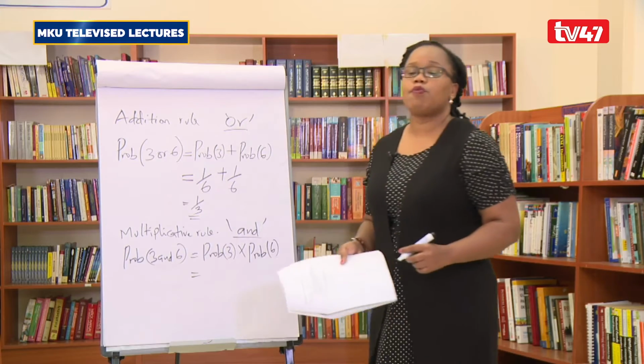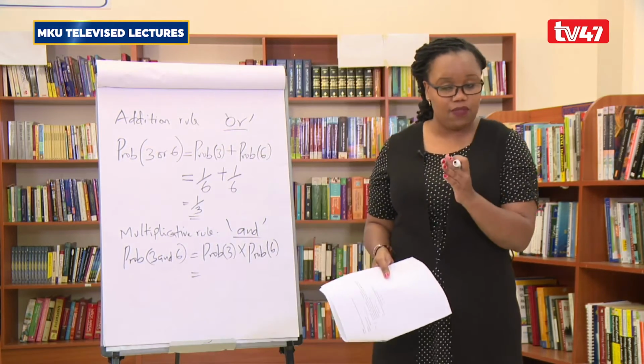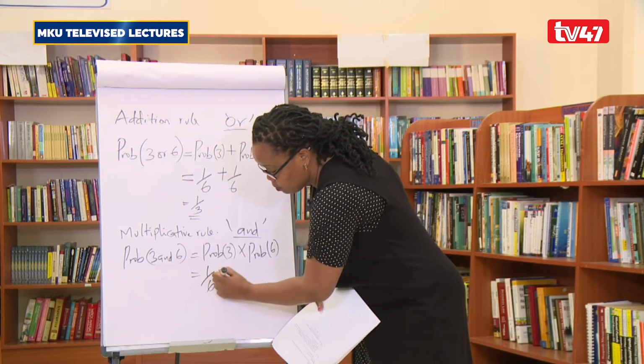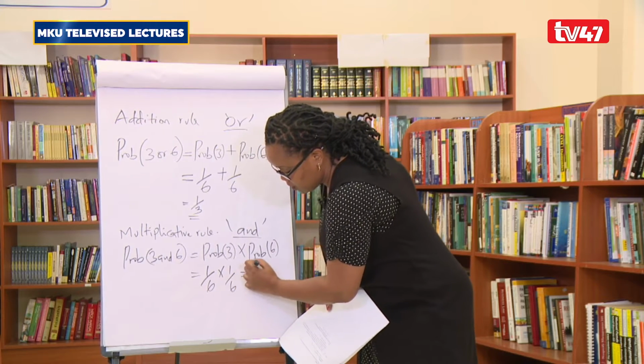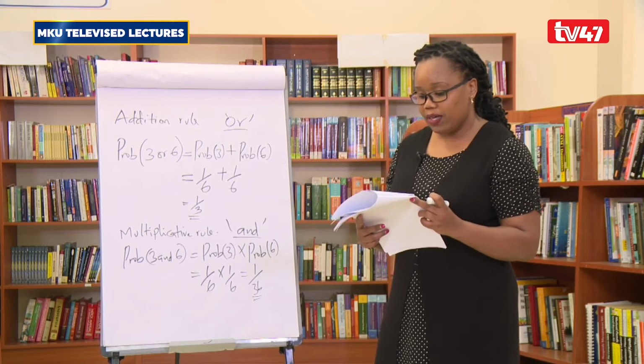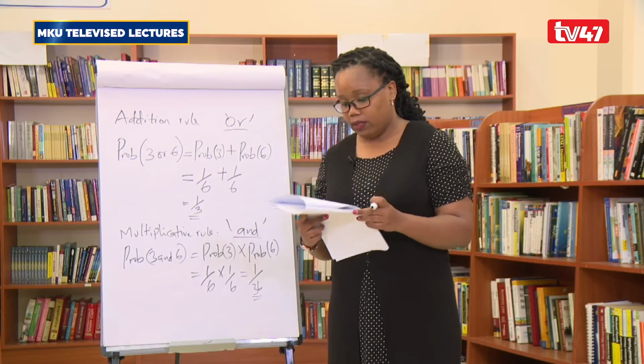Remember, the probability of one side of the die, not the value itself, but one side of the die, is just 1 over 6. So in our case here, this becomes 1 over 6 multiplied by 1 over 6, which gives us 1 over 36, correct? 1 over 36, which is very correct.